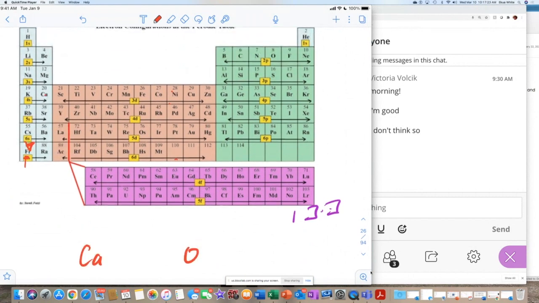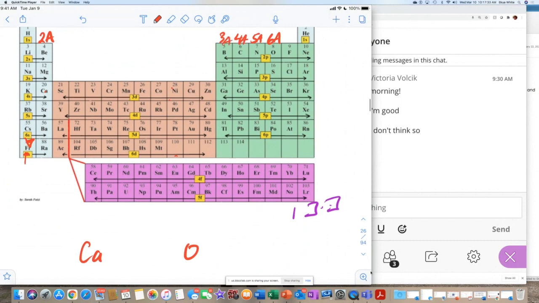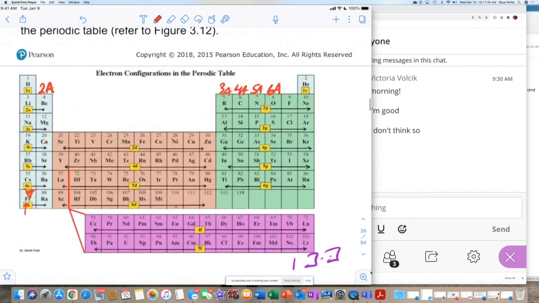See, calcium is in group 2, right? So this is 2A. Oxygen is in 6A. So you got 3, 4, 5, right? These are all A. Please notice, elements in group 2A form a charge of +2. This forms a charge of +1. Group 3A +3. And then 4A doesn't form a charge because we can't form +4 or -4. 5A -3, -2, -1.